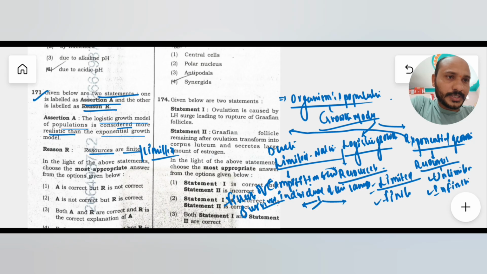This competition between individuals is mainly due to limited resources. Those fittest for survival can survive and reproduce, while the others are completely excluded, migrate, or go extinct.